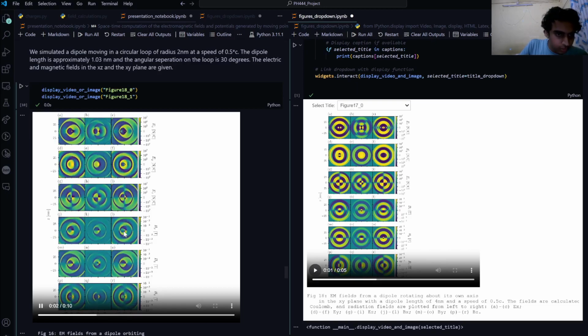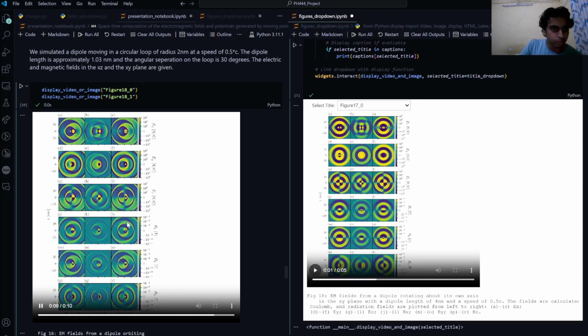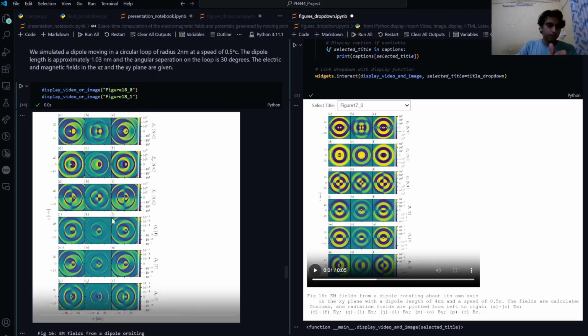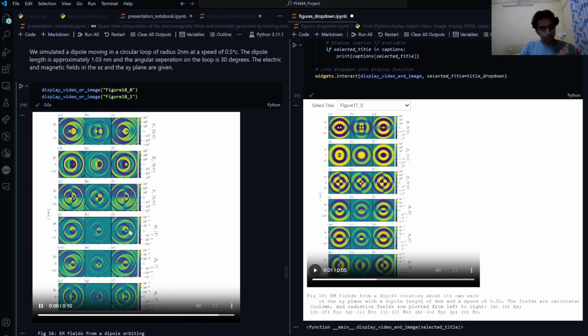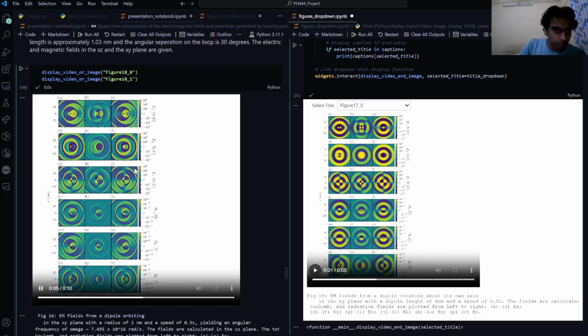You also see EM fields only originating from 2 points, and that's because in the code we've taken the fields in the XZ plane. So we only see phase changes in particular when the charges cross that XZ plane, right? So these are the fields in the XZ plane.